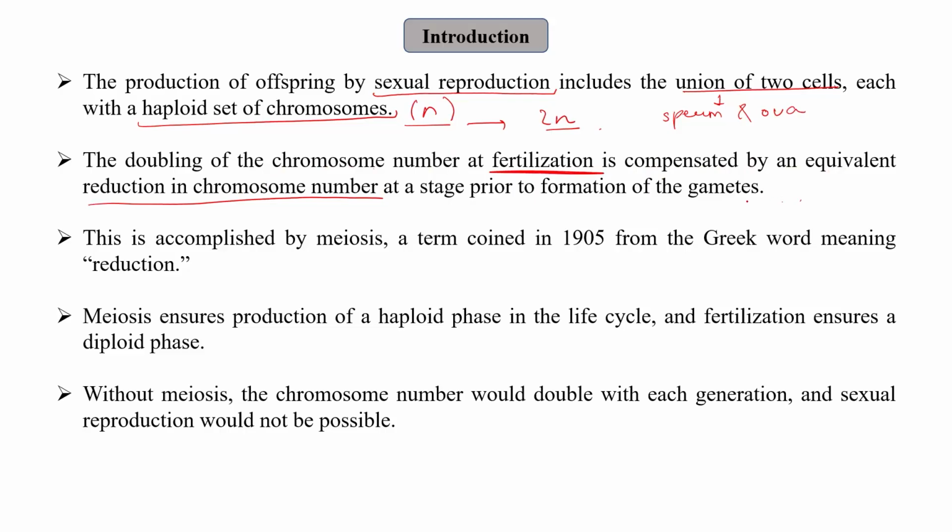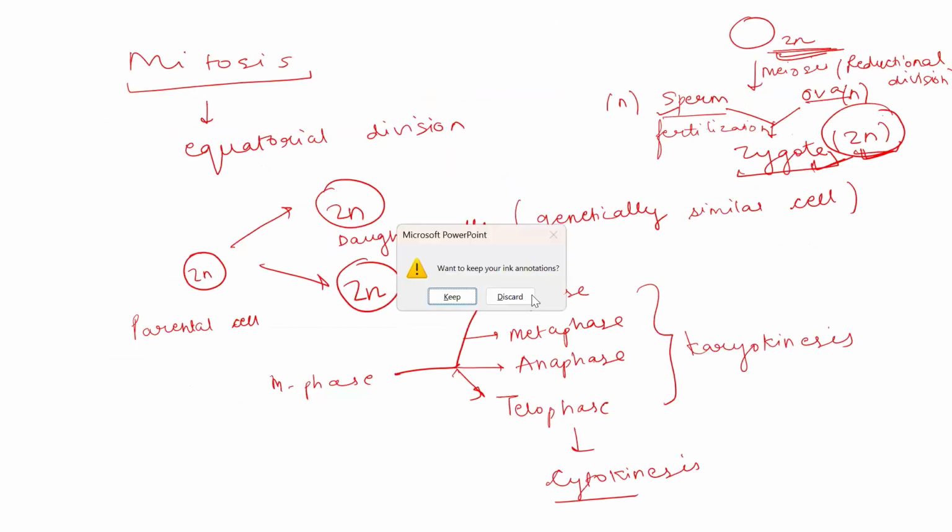For example, suppose we start with an organism which is 2n in number. This is male, and it has to be fertilized with a female, which is also 2n.